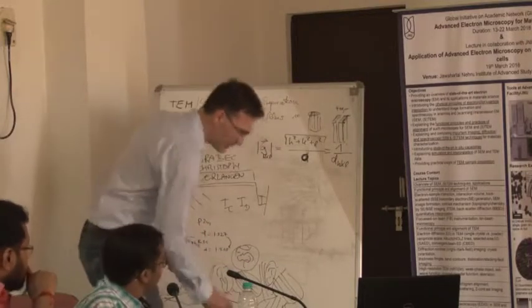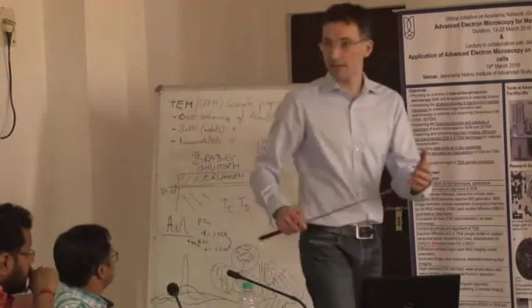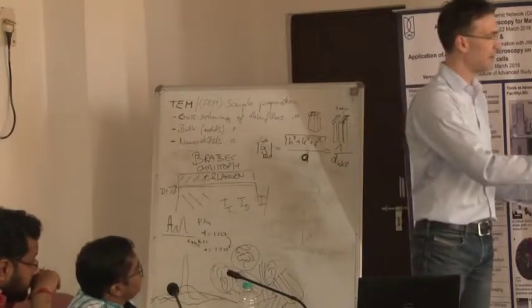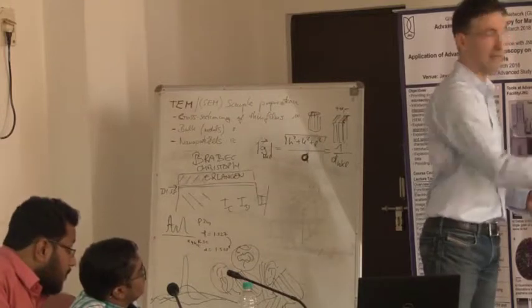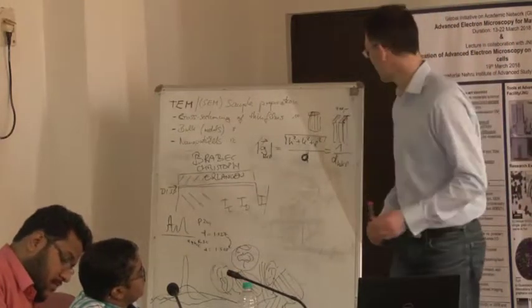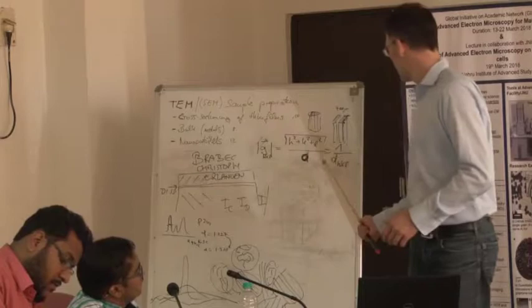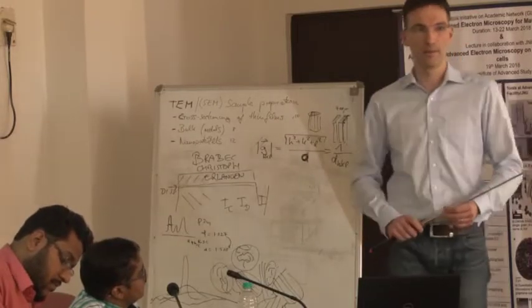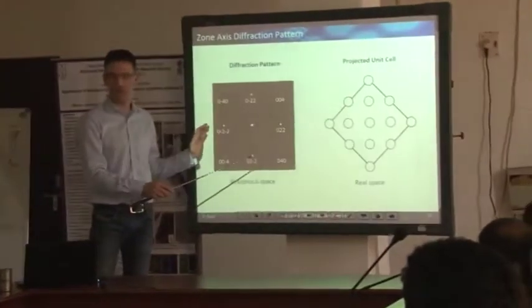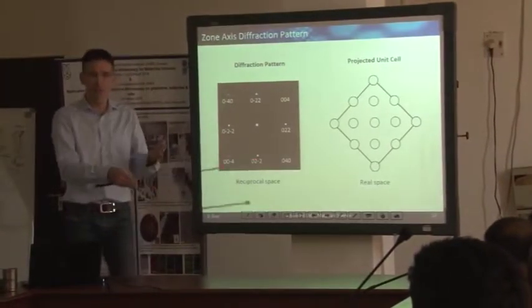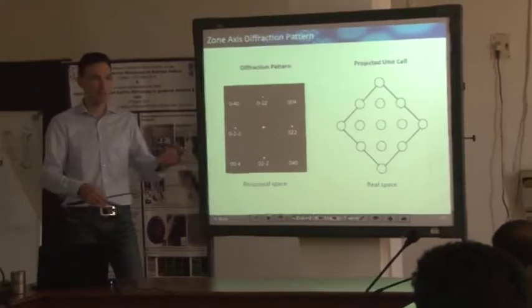And from that, if you want to measure lattice spacing from a diffraction pattern, you just have to measure this distance here. You need to know the Miller indices, and then you can directly measure the lattice spacing. In the first step, you have to calibrate the reciprocal space, meaning your camera length, because that might be off.